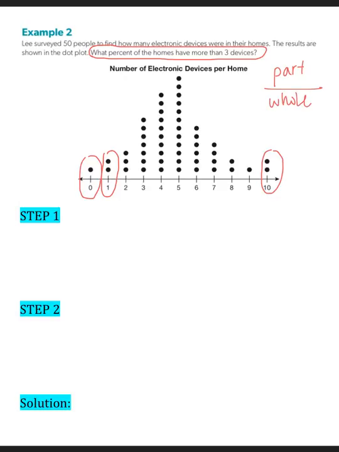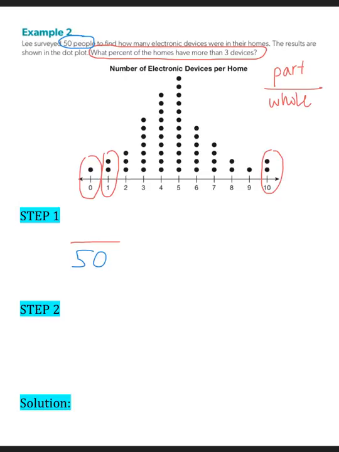Now, step 1. First of all, we need to know the total or the whole number of people surveyed. If we read the problem, it already tells us that there are 50 people. Now, the other way that we could determine this is we could go through and count every single dot. And if we count every single dot, that should add up to 50.